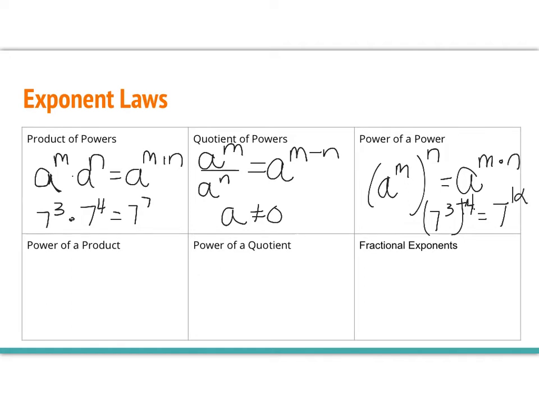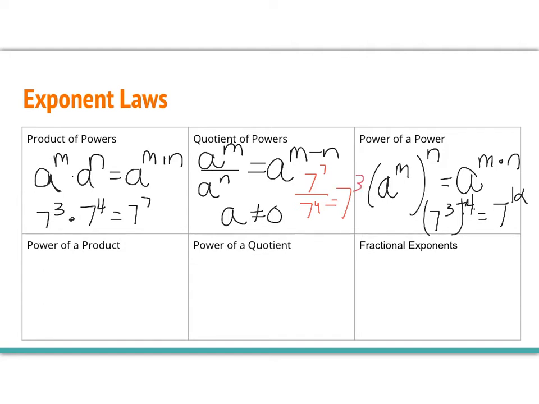I forgot one over here for the quotient of powers. If we have 7 to the 7 all over 7 to the 4, we get 7 to the 7 take away 4, is 3.